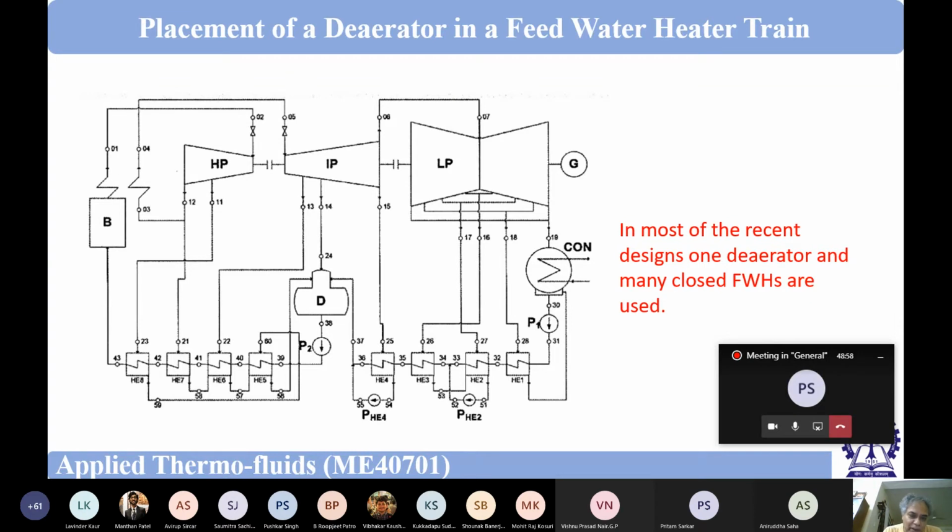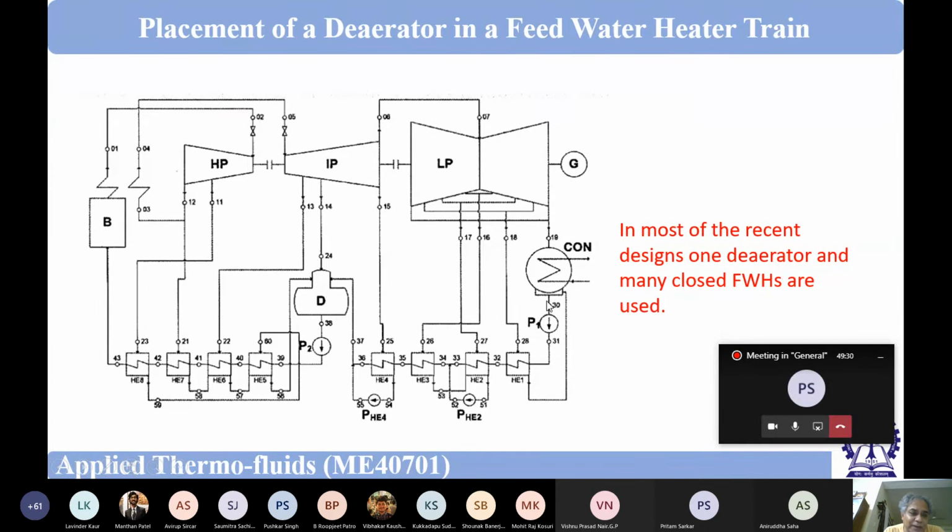Just one thing, which we are coming to very shortly: in some of the feed water heaters we have used a pump. These are small pumps, and this is going in the forward direction. Here we have not used any pump. This is going in the backward direction. Forward direction means going to the high pressure region, and backward direction means going to the low pressure region.